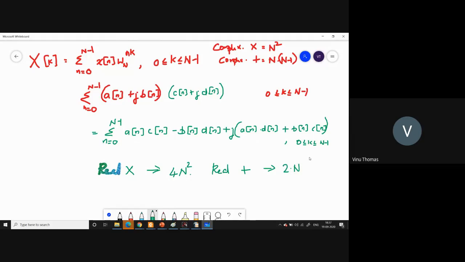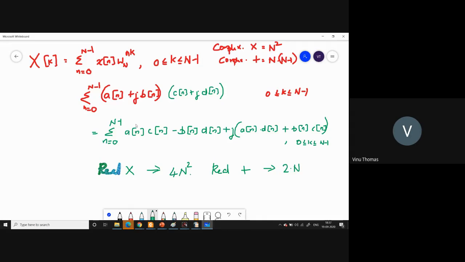You also have to observe that A0 into C0 minus B0 into D0 has to be added with, for n equal to 1, A1 into C1 minus B1 into D1. It has to be added again with A2 into C2 minus B2 into D2, etc., up to An minus 1 into Cn minus 1 plus Bn minus 1 into Dn minus 1.